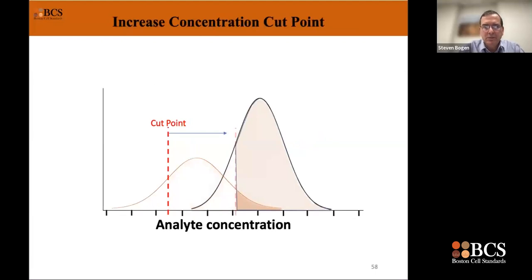Now, to solve this problem, you might reasonably decide to try a higher cut point. Where you place the cut point may depend on a variety of factors, such as the treatment risk profile. But let me show you what can happen if you try to raise the cut point by increasing the required percentage of stained cells.